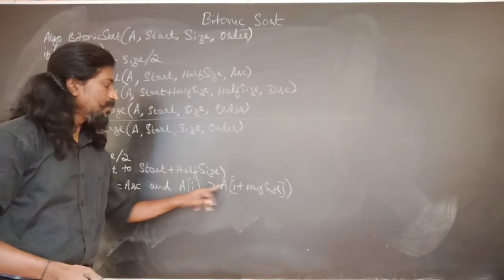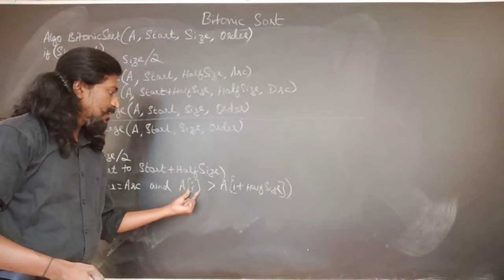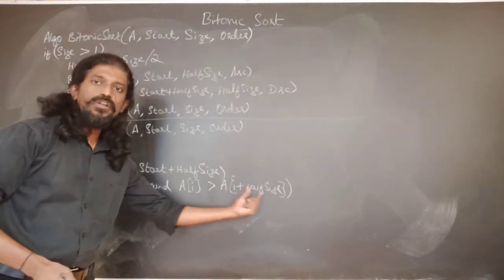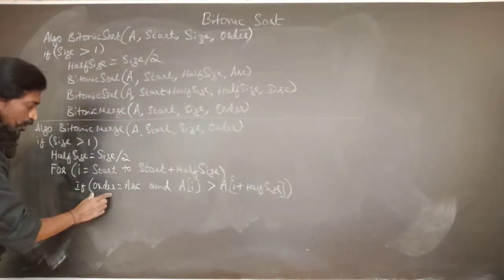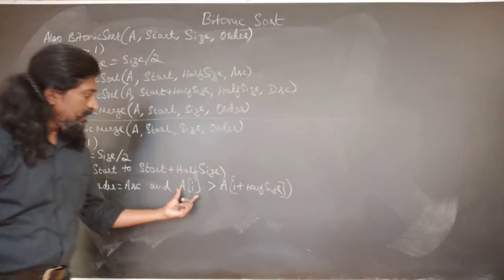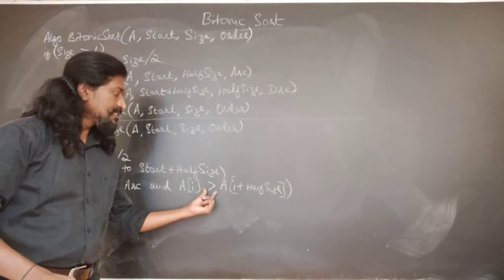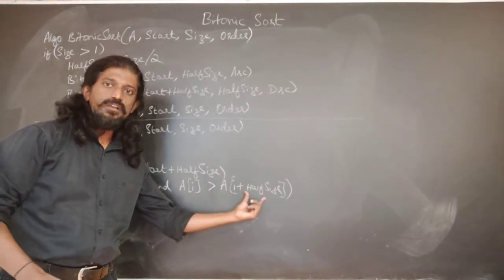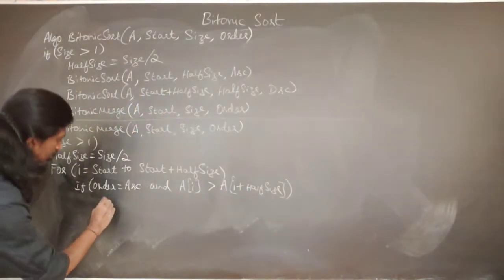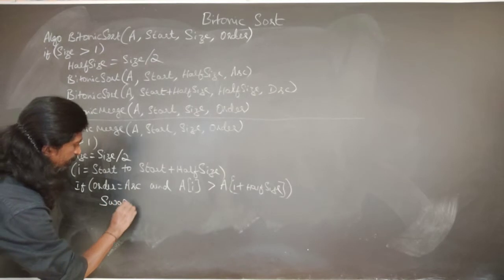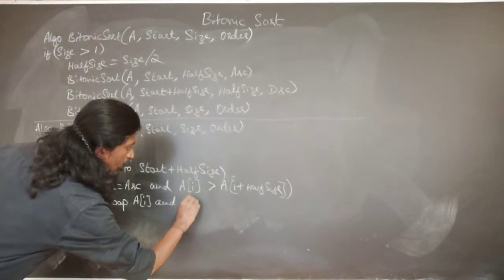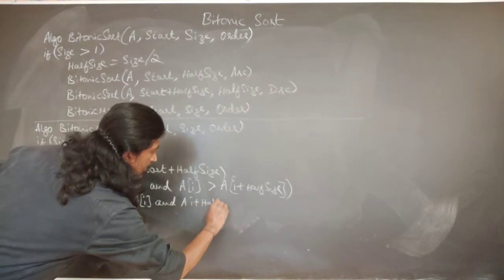So the first element will be compared with the fifth element, second element is compared with 2 plus 4, 6, third element with 7, fourth element with 8. If the order is ascending and the first element is greater than the fifth element, second element is greater than the sixth element, and so on, we need to swap A of i and A of i plus half size.